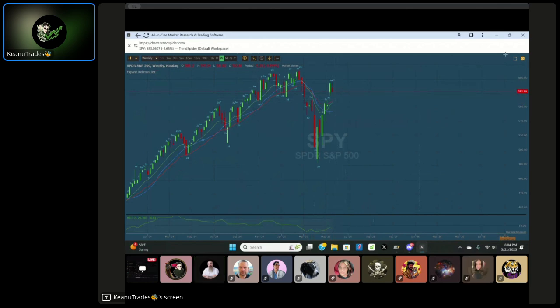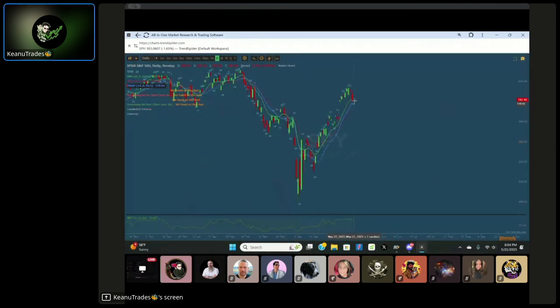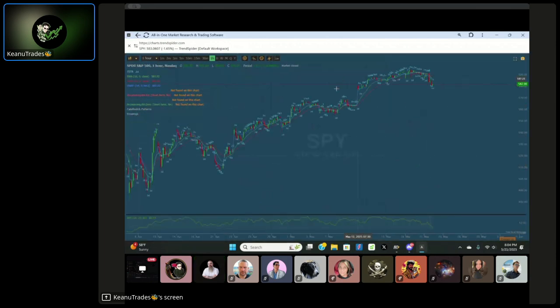That's why I went... Yeah. And today, here, we're starting to break under the 9 EMA. Here's our gap again, right here, and it looks like it wants to fill that gap. That's why I went short when I did.